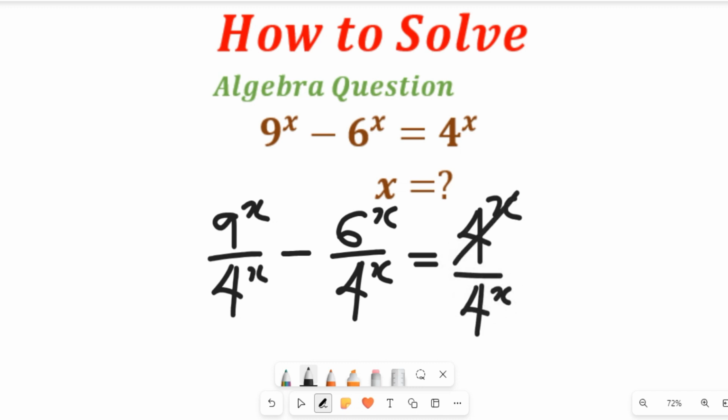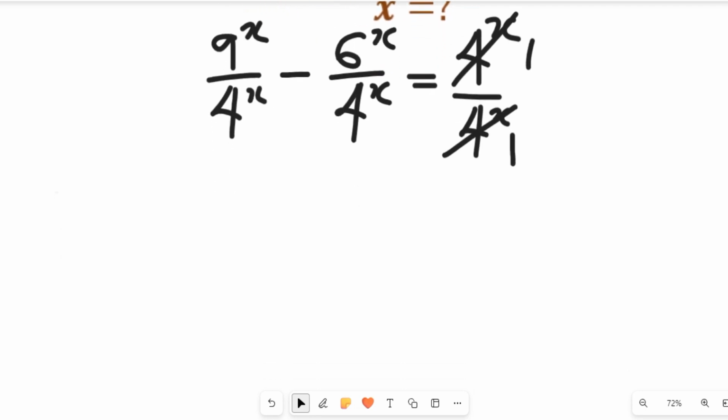So 4 to the power of x over here is 1, 4 to the power of x over here is 1, and 1 divided by 1 is definitely going to give us 1. So the right hand side is equal to 1.